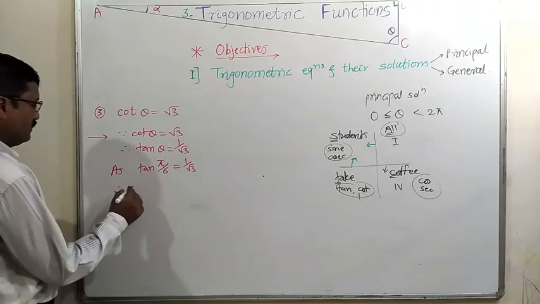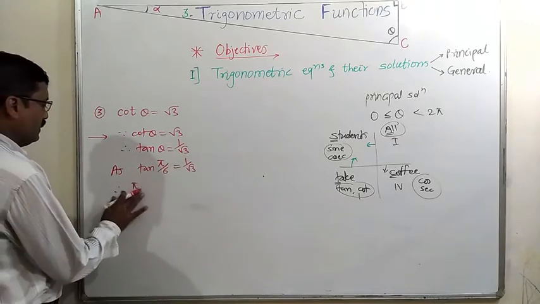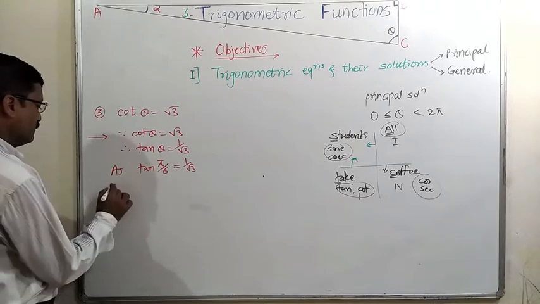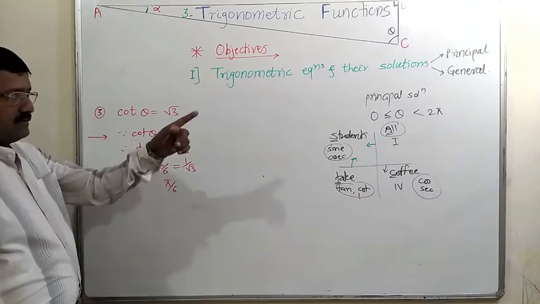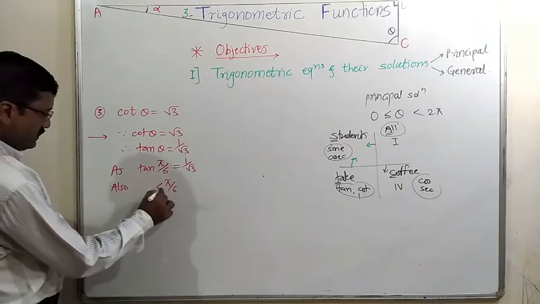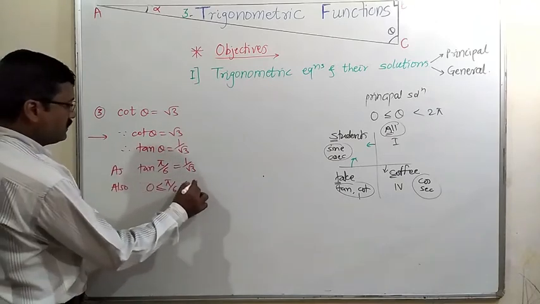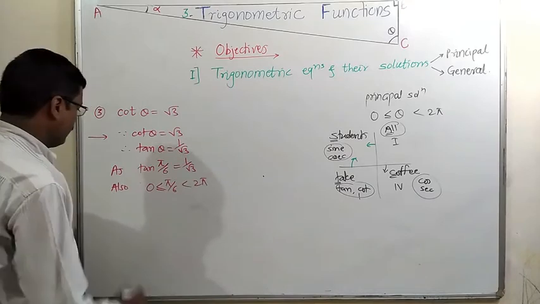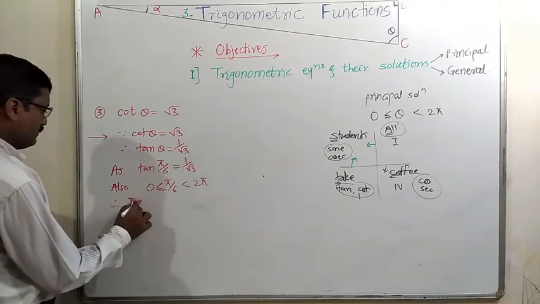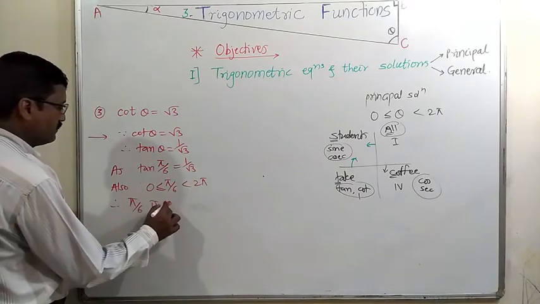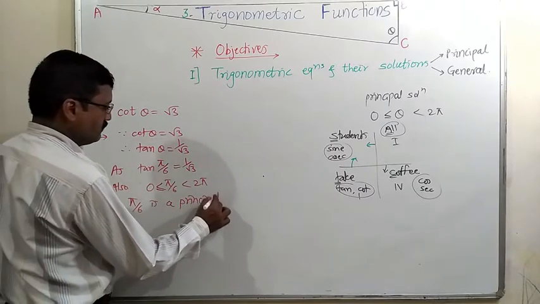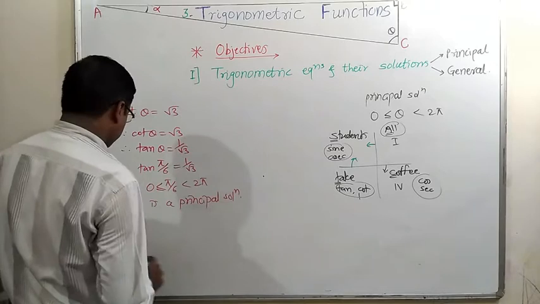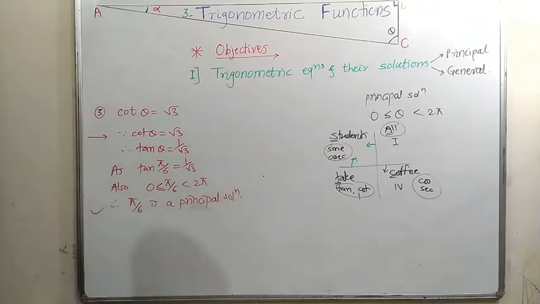Therefore pi by 6 also satisfies the condition of principal solution, that is, it is greater than or equal to 0 and less than 2 pi. Therefore pi by 6 is a principal solution. This is the first principal solution.